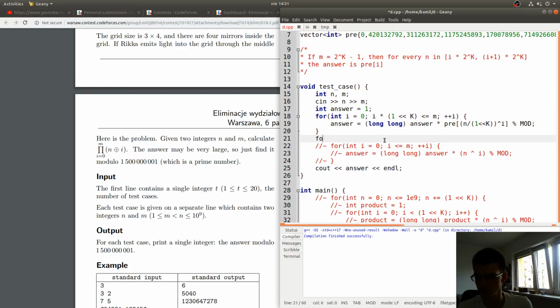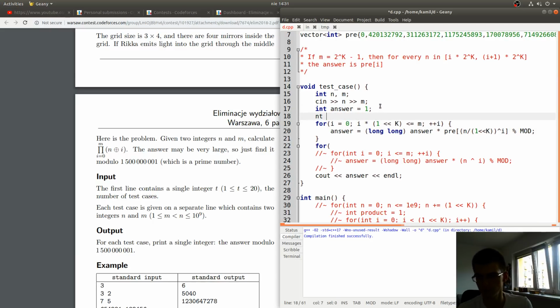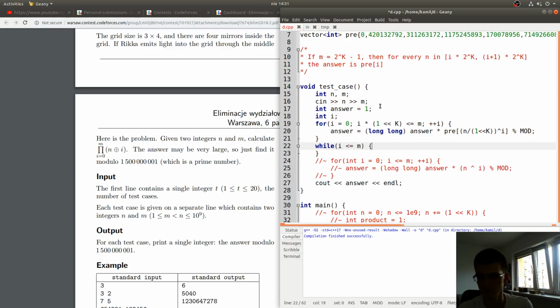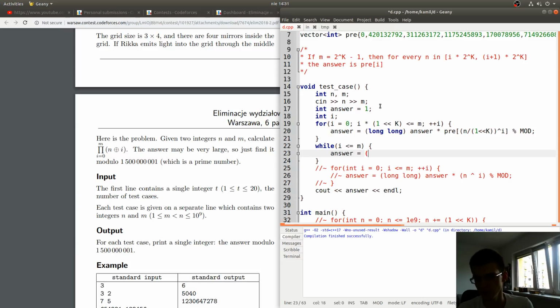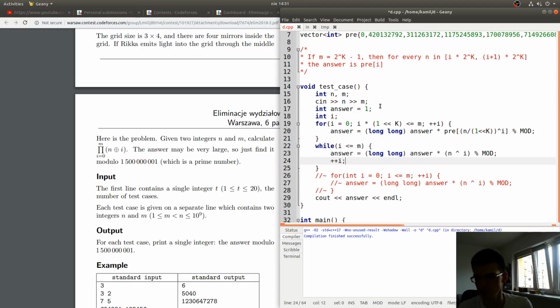So instead of creating I here in a loop, let's remember it. Here we can do while I is smaller than m, answer should be just multiplied by n XOR I, and we increase I by 1.